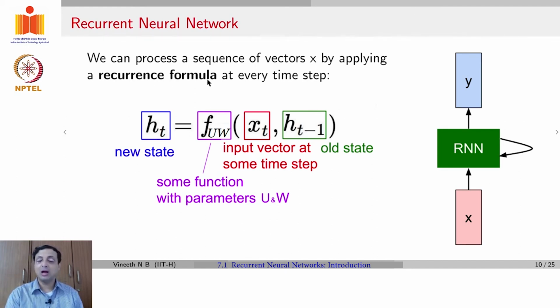The recurrence formula at every time step would be, given an input xt at a particular time step and ht minus 1, the state of the RNN in the previous time step, you're going to apply some function. This function has parameters inside the RNN, with some weights u and w, and you get an output ht at that time step, which is passed on to the next state of the RNN, which processes the input at the next time step.